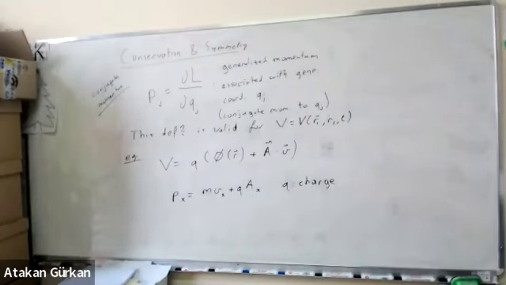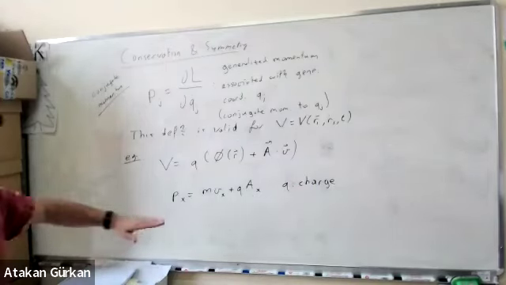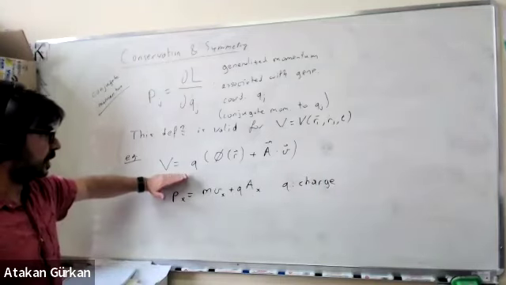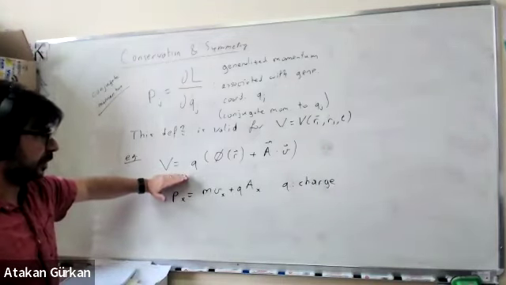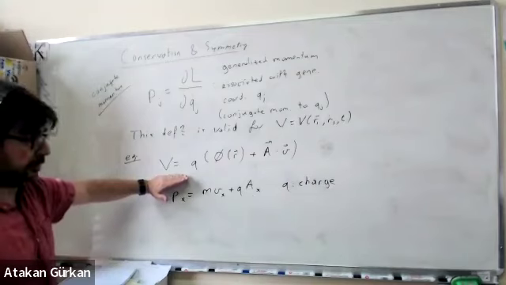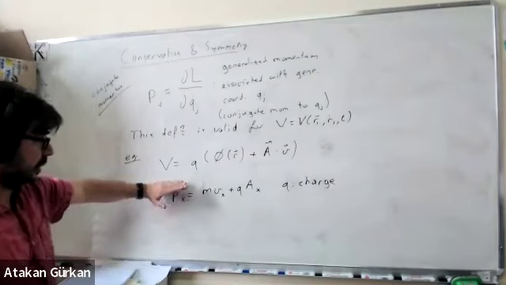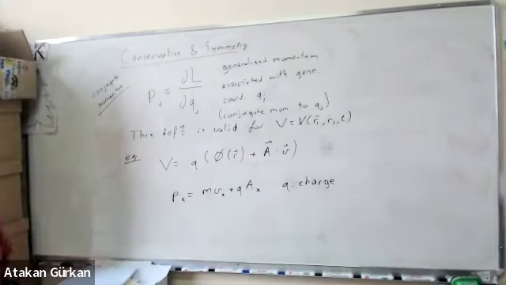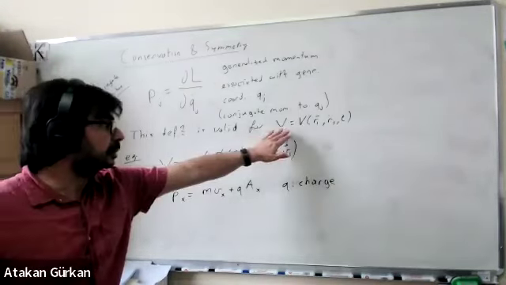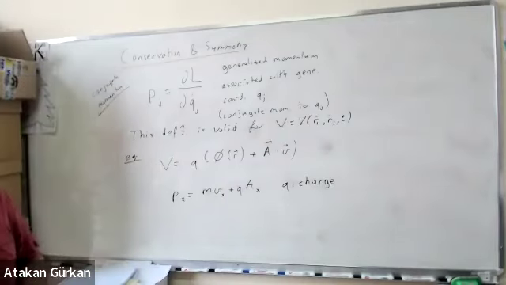Charge is always q. So if you use this as your potential energy for a charged particle, this is the correct expression in electrodynamics. You'll see this. The conjugate momentum that you obtain is going to look like this, even though your potential is not just a function of position.